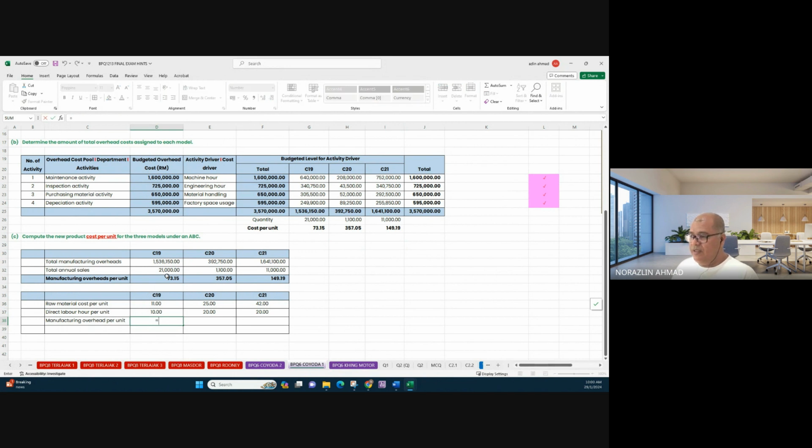This one you get from here, 75. So the total cost for this one is 94, 402, and 211. The question stated, compute the new product cost per unit for 3 models under ABC.